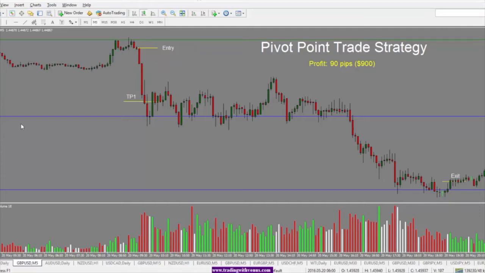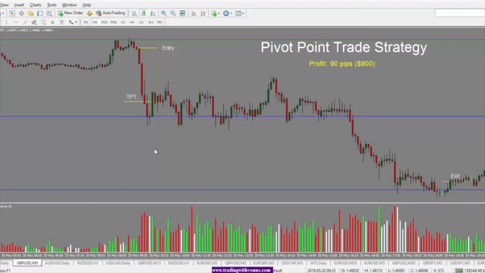The first target we'd be looking for would be our S1 level, which is this blue line here. Once there, you can either take partial profit, so this will be your first take profit level, or if you want to stay in the trade and see if you'll get to the next level, you can hold on to your trade.